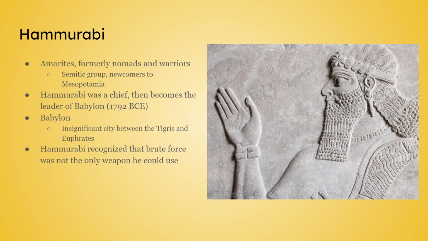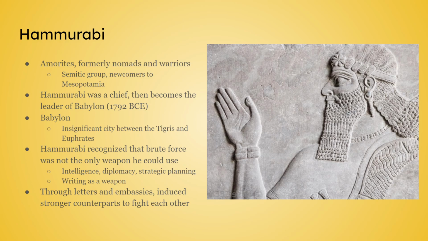Hammurabi recognized that brute force was not the only weapon that he could use to conquer and unify all of Mesopotamia. He started using his intelligence, diplomacy, strategic planning, and writing as weapons.